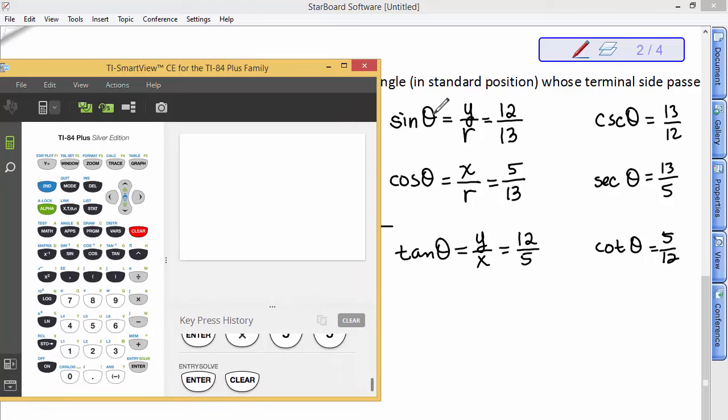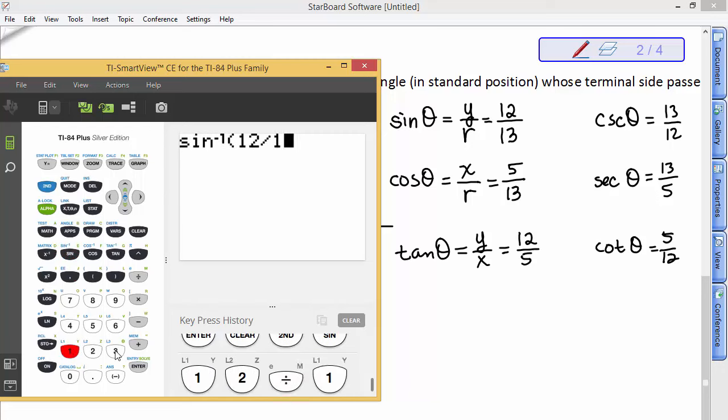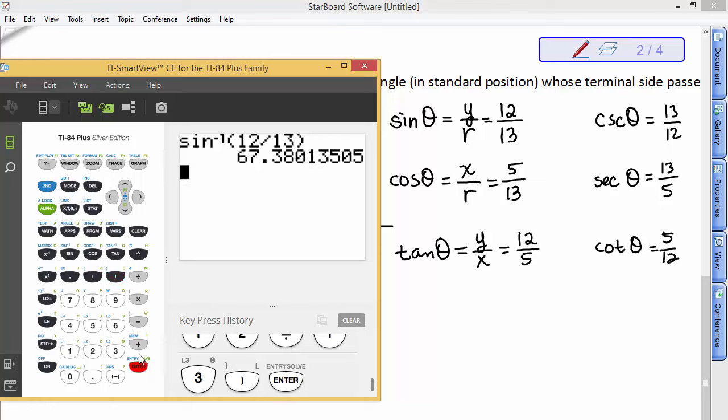So in order to find out the size of this angle, when you know this ratio, do you see the sine to the -1 there? You go second sine, and you tell the calculator that the ratio of the y value divided by the r value is 12 over 13, and it'll go in and tell you, it's got a big old memory bank full of tables of data, and it's going to tell you that that angle was 67.38 degrees.